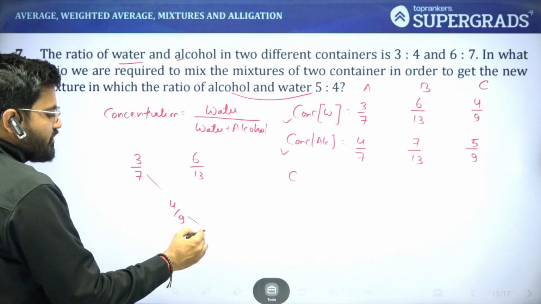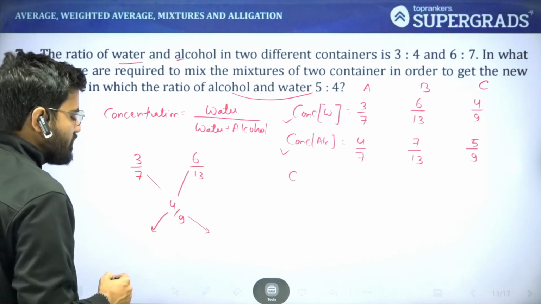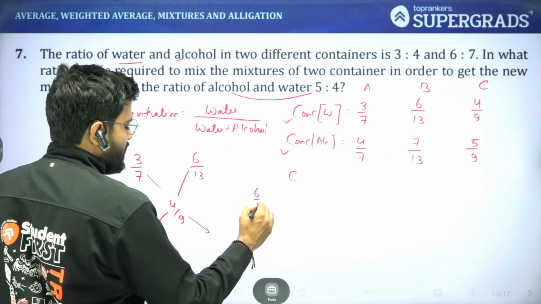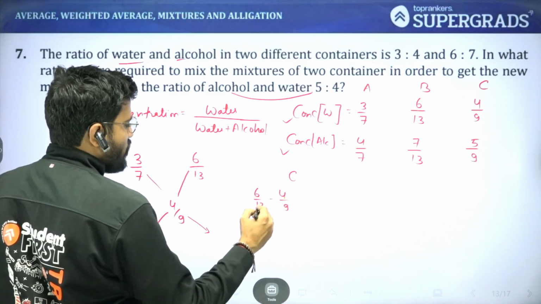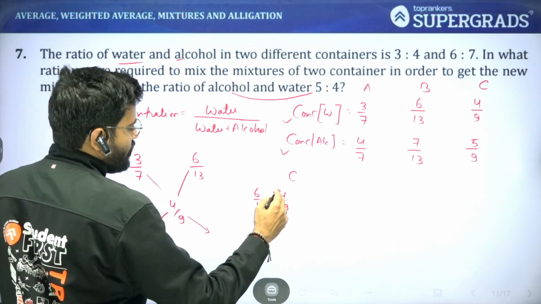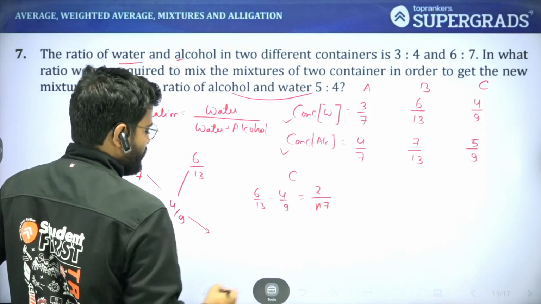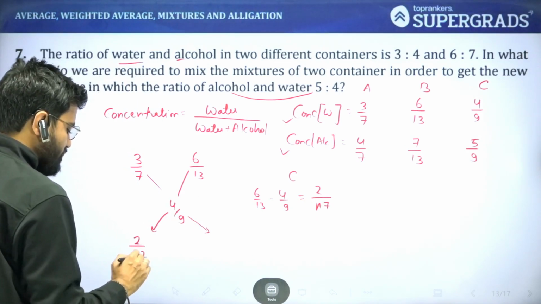So the difference between these two will give me the share of this. Difference between these two will give me the share of this. So let's solve this. 6 by 13 minus 4 by 9. 9 into 6 is 54 minus 13 into 4 is 52. So it becomes 2 by 117.